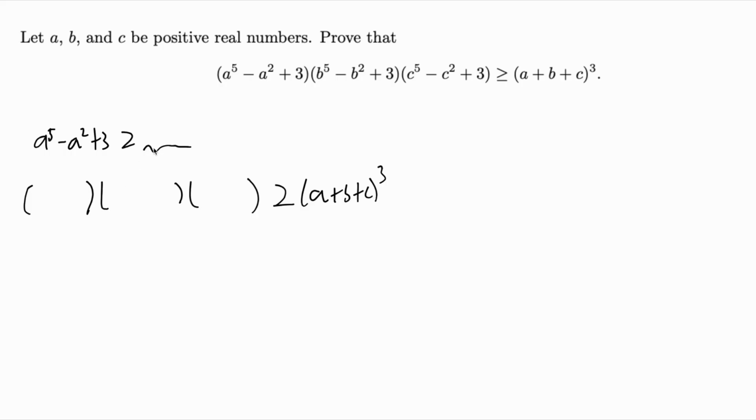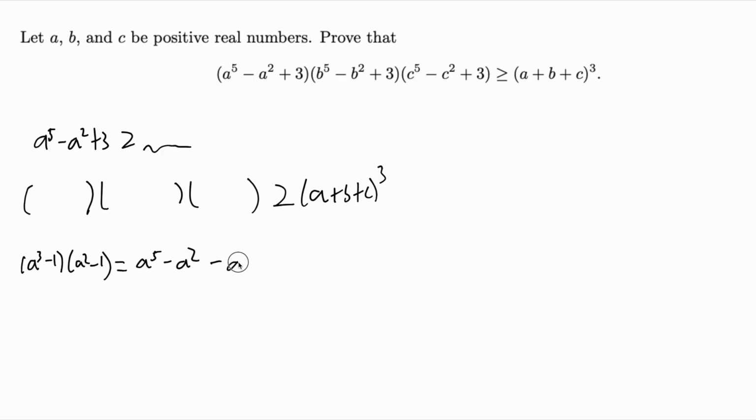And in order to do that, one intuitive thing that we could think is to try and use this a to the power 5 minus a squared. And what I mean by that is, when we do this, we will get a to the power 5 minus a squared. That's already what we have here.